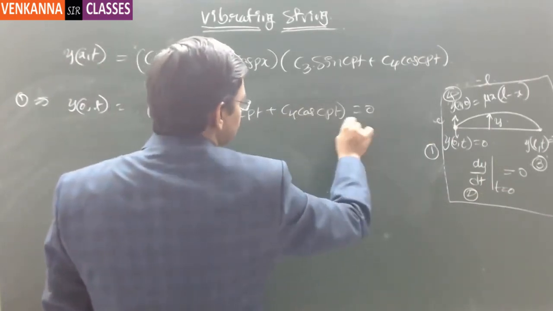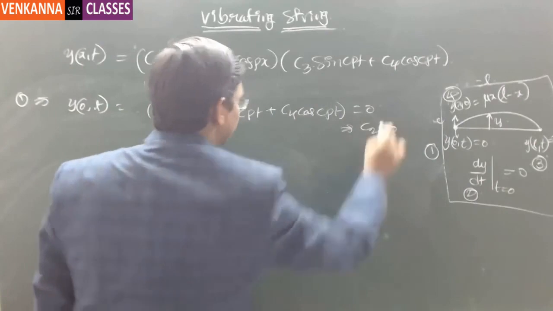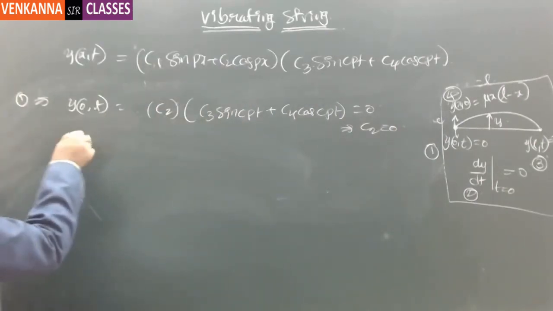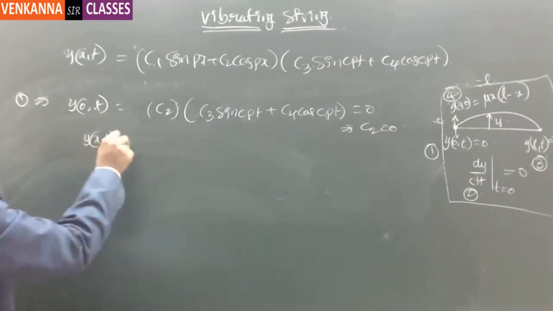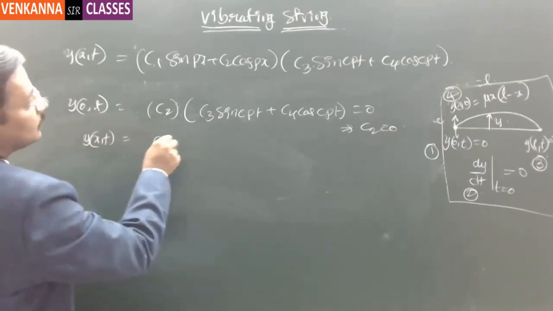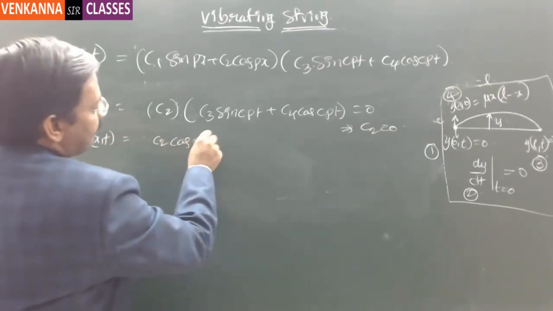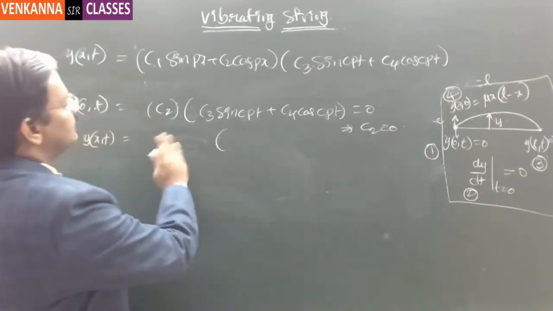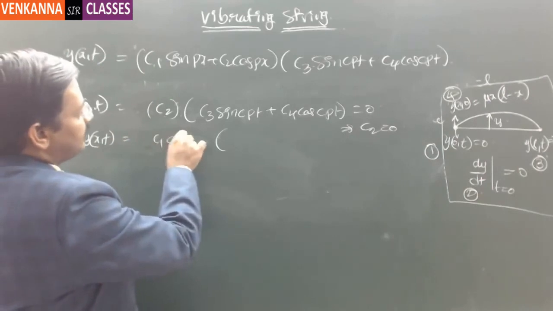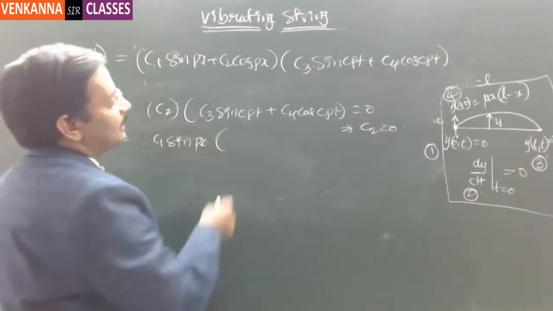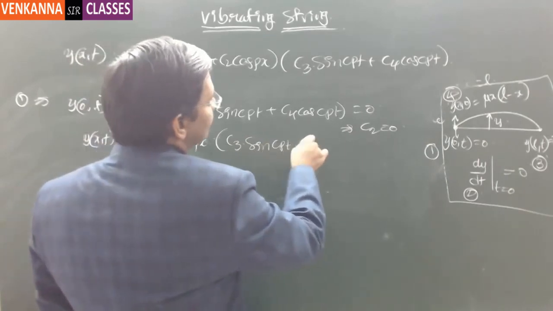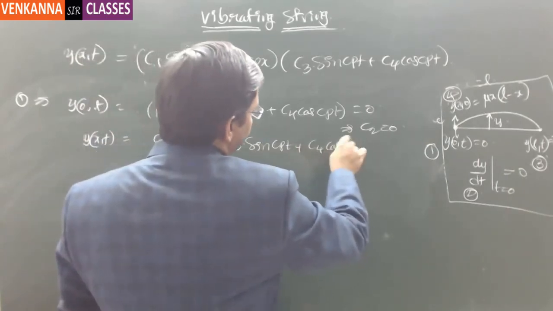It implies C2 equal to 0. This is one condition. And the second condition is derivative of this. So now the equation is y of x comma t is equal to C2 cos Px into... C2 equal to 0, right? So then C1 sin Px into C3 sin Cpt plus C4 cos Cpt.